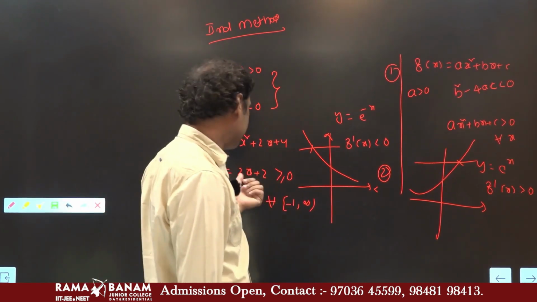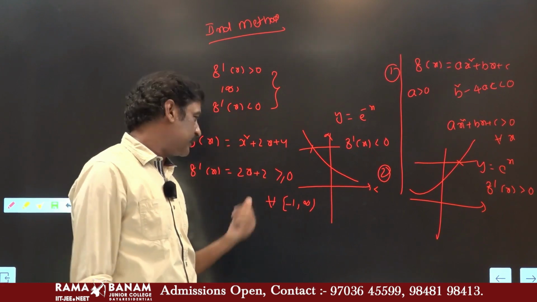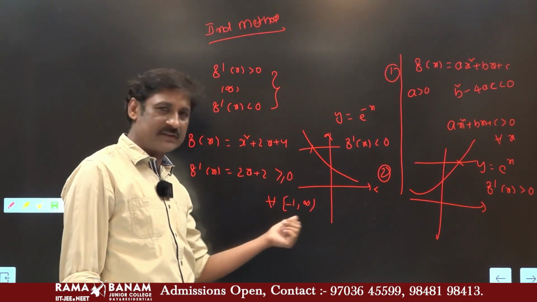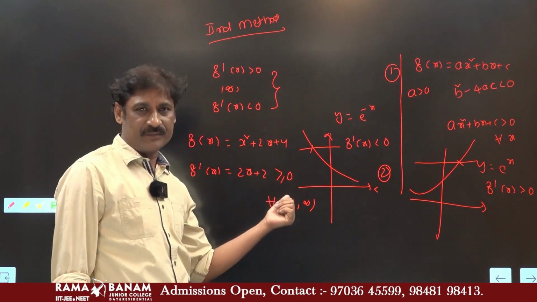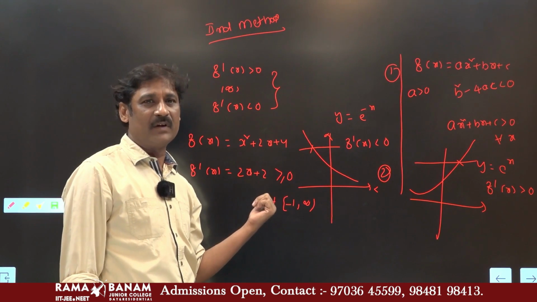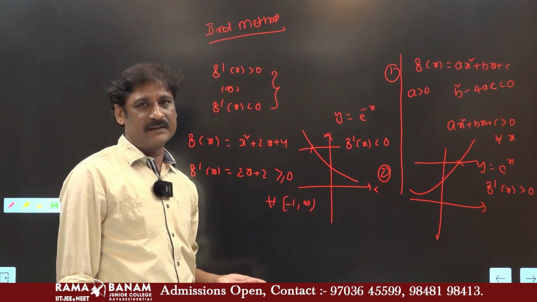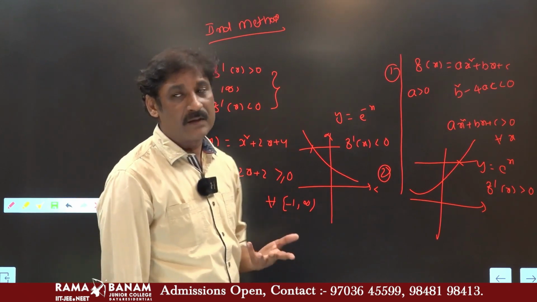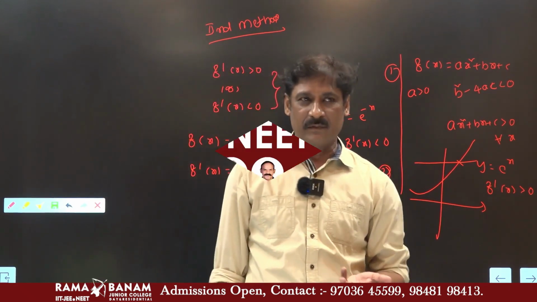If you put x equal to -1, 2 minus 2 is equal to 0, which is greater than or equal to 0. For any value of x in this domain, it is always non-negative. So as per this concept, it's a strictly increasing function for the given domain. So it is a 1-1 function. So we can solve like this also. For 1-1 functions, we have so many methods to find out.